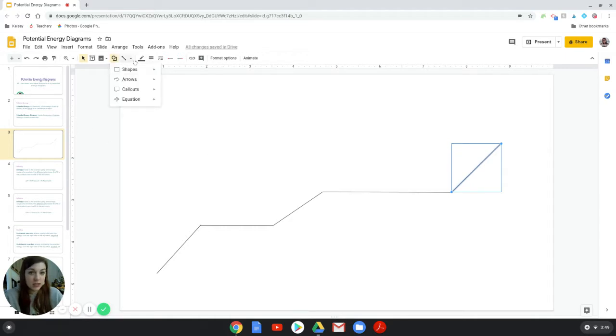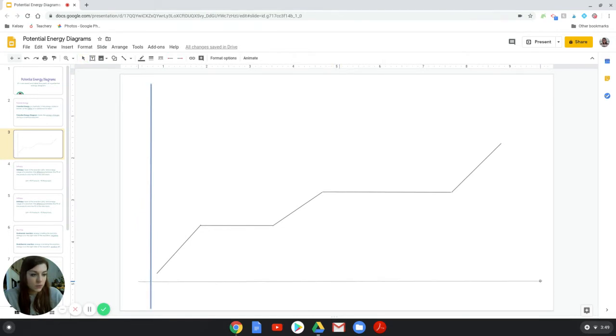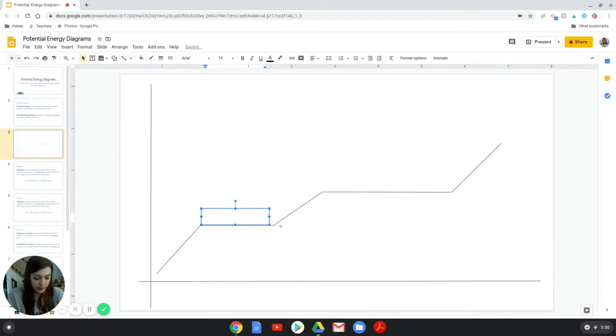This is a heating curve, and this applies to physical changes, because all of these that we're talking about are physical changes. Changing from a solid to a liquid in melting, that's a physical change.